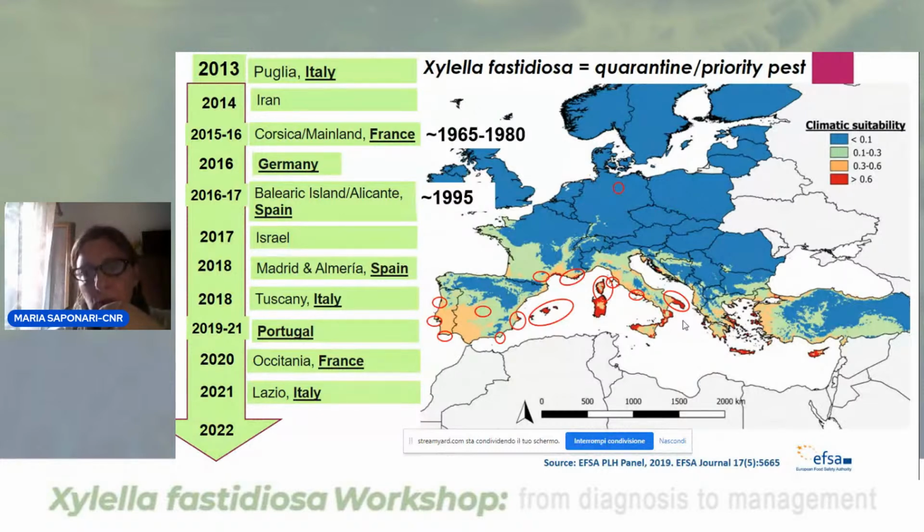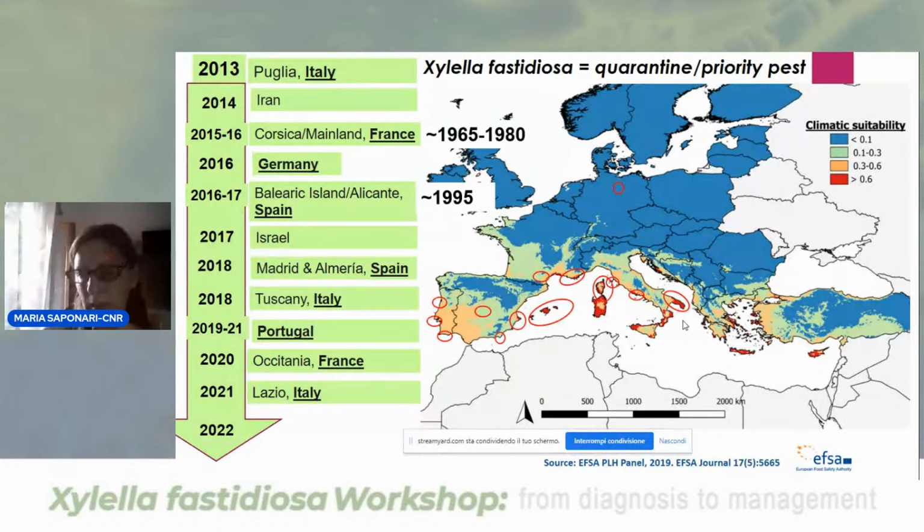In all the other outbreaks, there are different strains, and generally these are less aggressive, and this is the reason why their presence and occurrence in these areas was not reported until inspectors went to specifically monitor and test for Xylella fastidiosa.